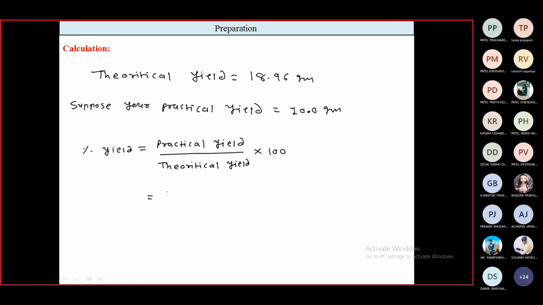So it is 10.0 gram upon 18.96 into 100. This data you have to write down in the journal. So what is your answer? 10 divided by 18.96 into 100, that is 52.74.